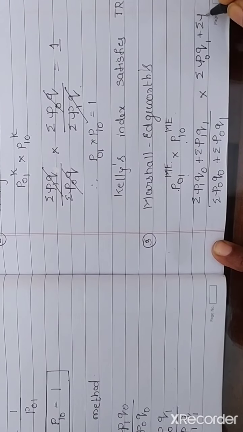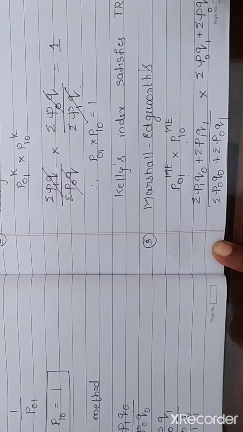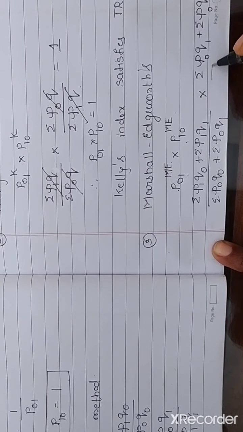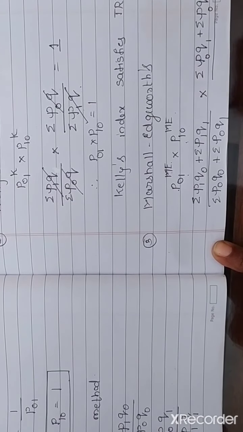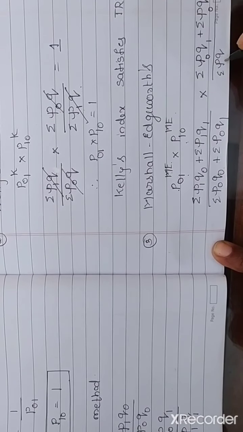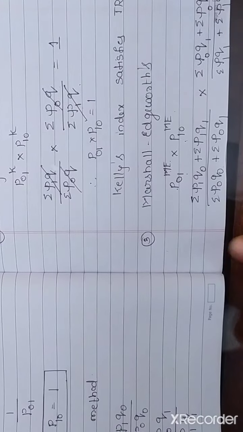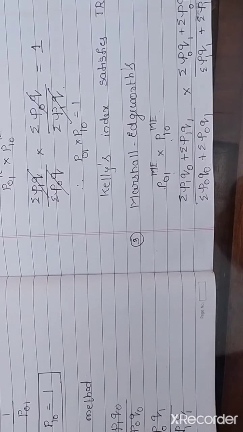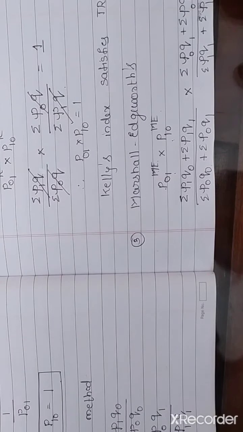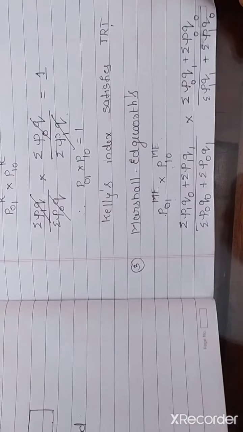Plus summation PQ as it is, again 1 is taken as 0 and 0 as 1. That means base year and current year are interchanged. Now check whether it is equal to 1 or not.